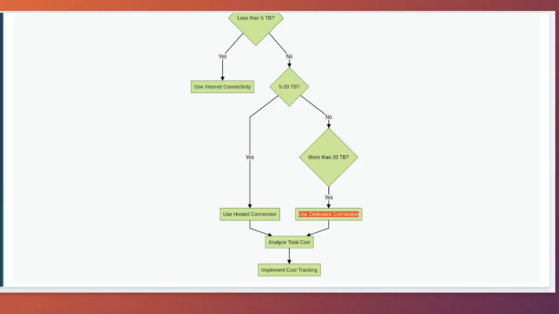For multi-region architectures, leverage Direct Connect Gateway to avoid paying for multiple Direct Connect connections to each region. A single connection with Direct Connect Gateway can reach multiple regions, with data transfer charged only once. Compare this to establishing separate connections to each region, which would multiply your port hour charges.